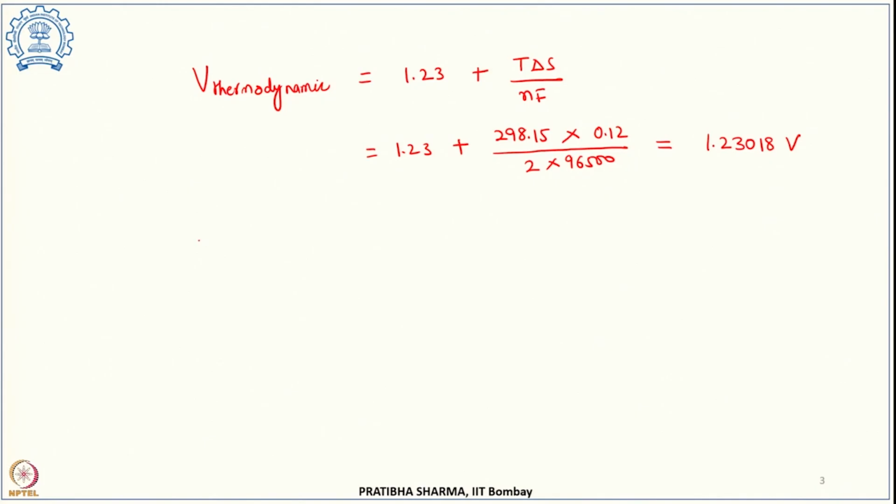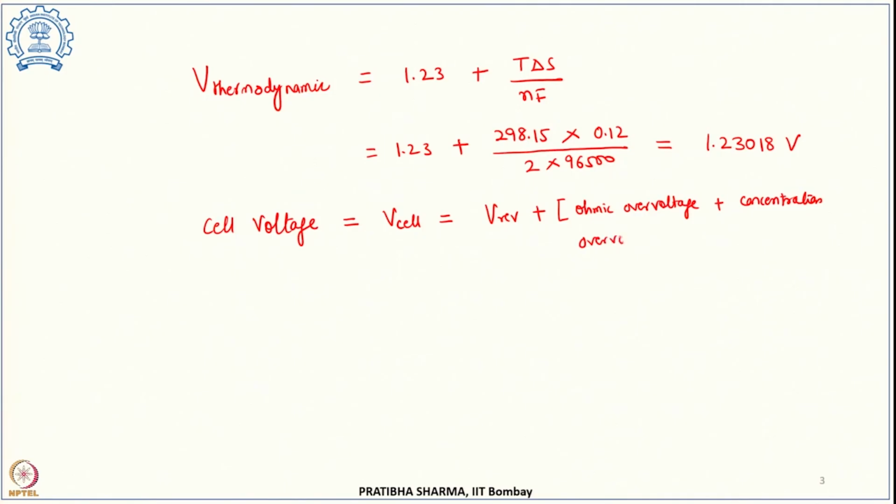Now the denominator in finding the efficiency is the cell voltage, and the cell voltage is given as the reversible voltage plus the voltage arising due to overvoltage, whether it is ohmic overvoltage or concentration overvoltage and activation overvoltage, a sum of these three.